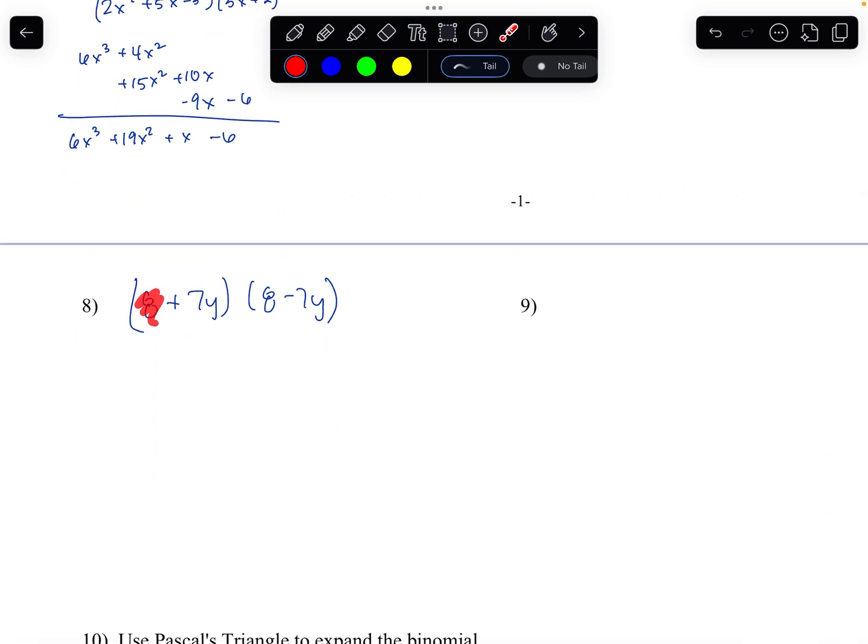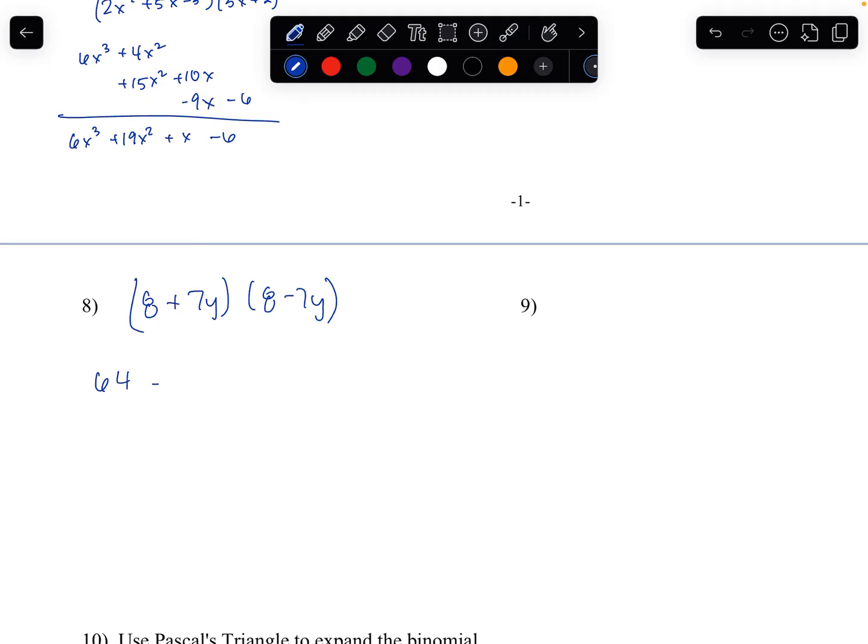But 8 times 8 is 64. Now the pattern is going to be this. 8 times negative 7y. 8 times 8, 64. Minus. I don't really know what 8 times 7 is. 7 times 8, that's going to be 56.